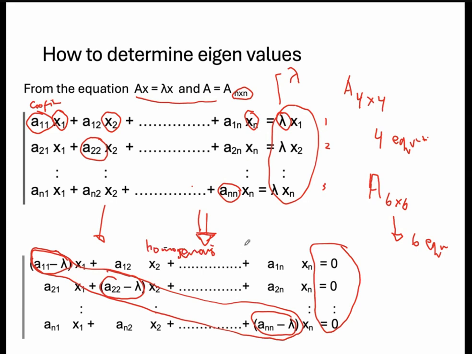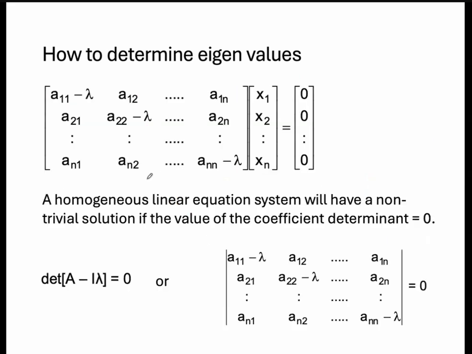And then based on a homogeneous linear equation system, we will have a non-trivial solution if the value of the coefficient determinant equals 0.